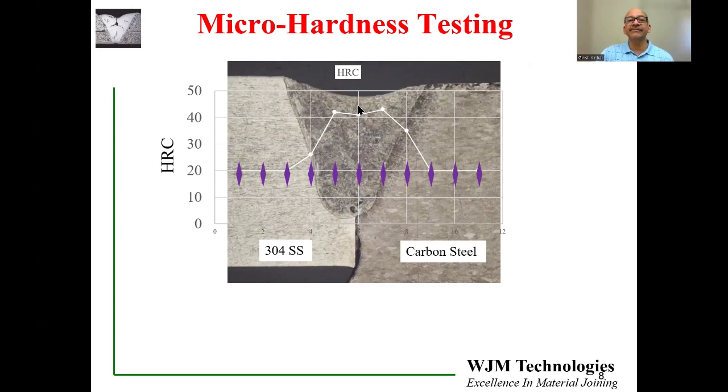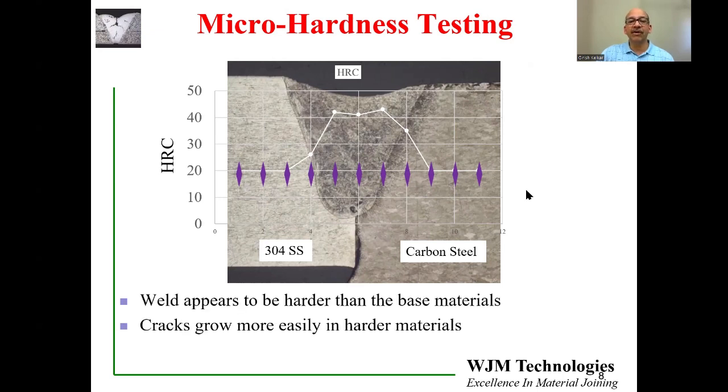And the crack, if this material is hard, which it is, will have a much easier time going across the weld and leading to failure. So microhardness testing tells us a lot about how the weld would perform in terms of strength as well as in terms of fatigue life.